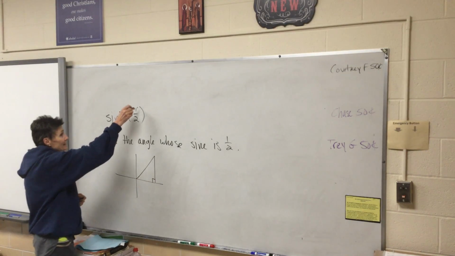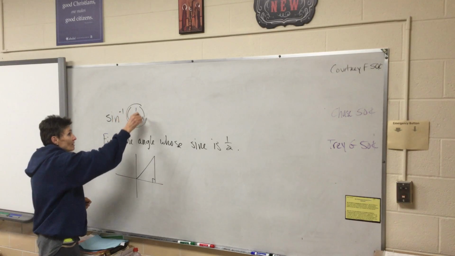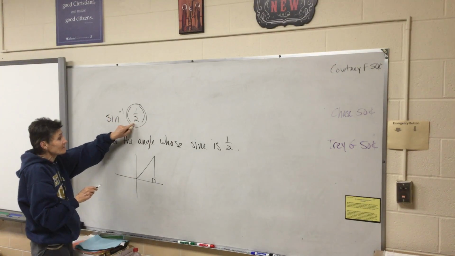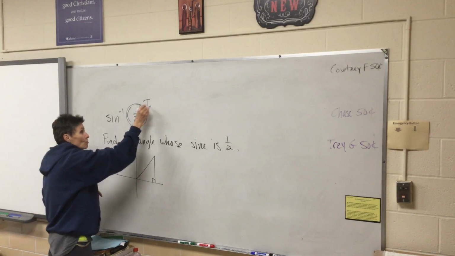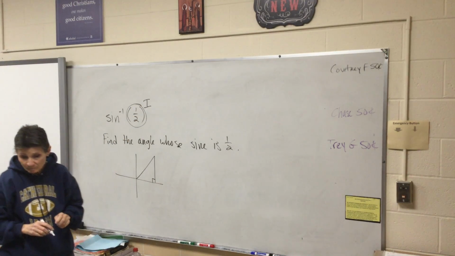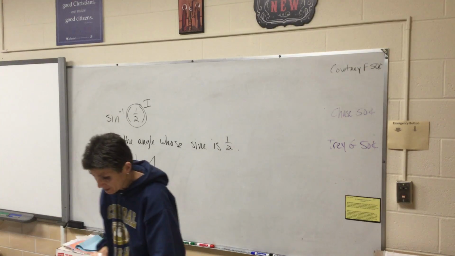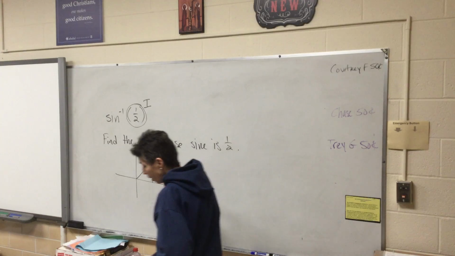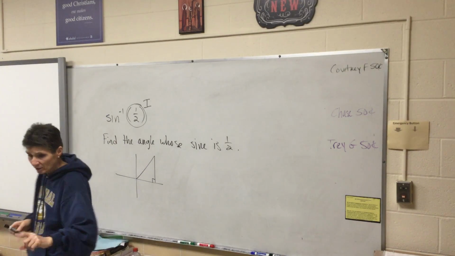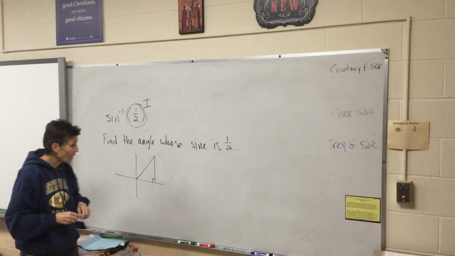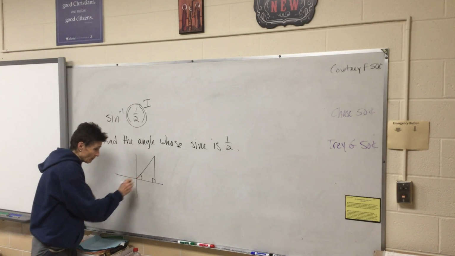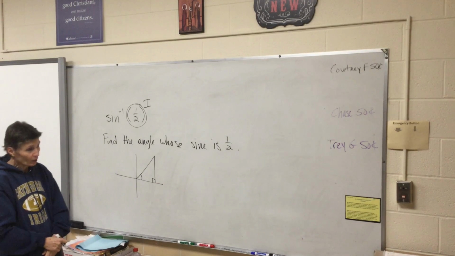If this is a positive number, no matter what function that is, you're always going to draw it in quadrant 1. In a minute, we'll talk about what to do if it's negative. But if it's a positive number, you're always going to draw one triangle, right there in quadrant 1. The angle you're looking for is right here.